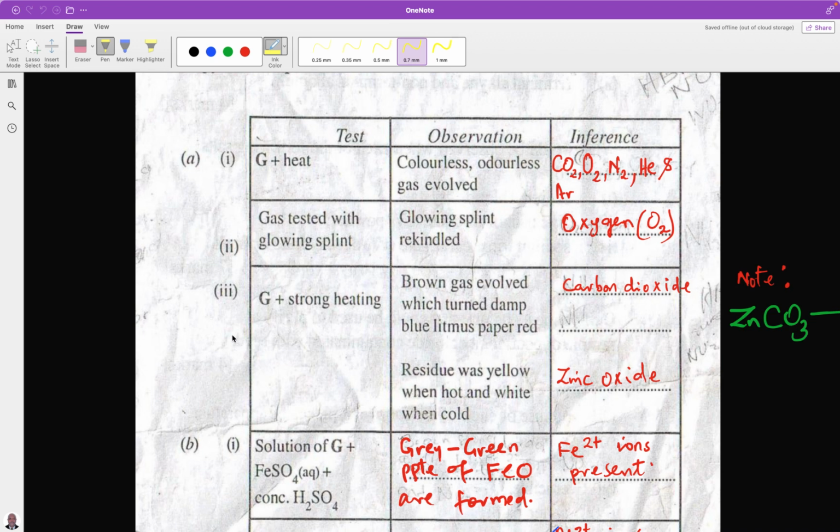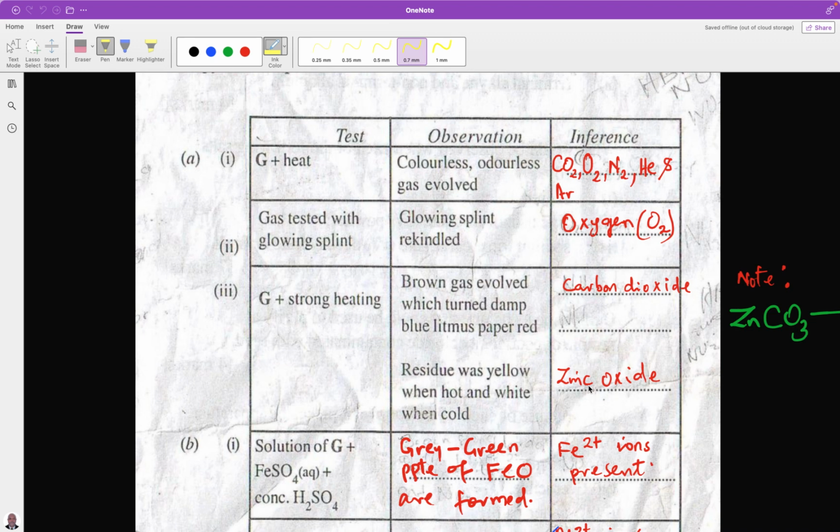Again, the residue was yellow after strong heating of G, and there was a gas that turned damp blue litmus paper red. It is carbon dioxide. Now, the residue of G was yellow when hot and white when cold. What should the residue be? Zinc oxide.